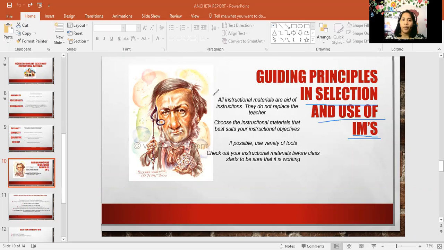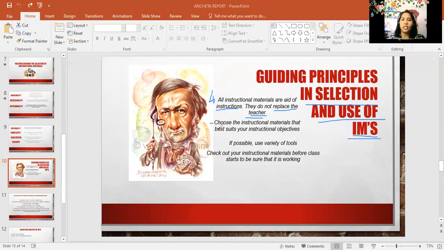Okay, right here you can see that all instructional materials are aids of instruction. They do not replace the teacher. So even if you have that good instructional material, it can't replace the teacher.